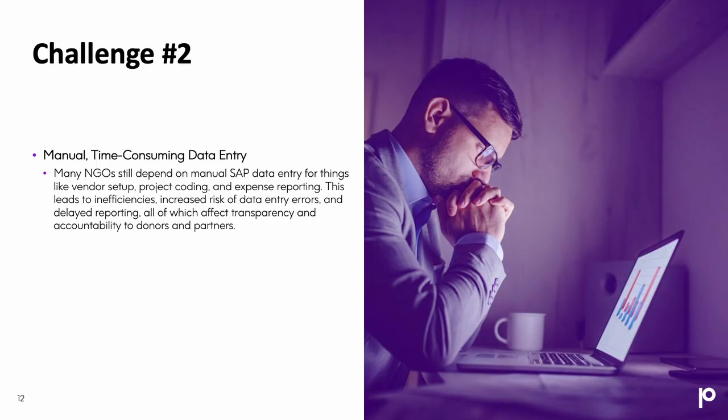So complex and rigid processes can become a very big challenge with SAP. Manual, time-consuming data entry. This is pervasive across SAP, but I think with NGOs you're often dependent on manual labor, entry, things like vendor setup, projects, things of that nature, and it leads to a lot of inefficiencies, and it can slow down processes, and it can really make it more difficult to respond to an emergency situation. It increases your risk of data entry errors because, let's face it, humans are error prone when we are doing manual data entry.